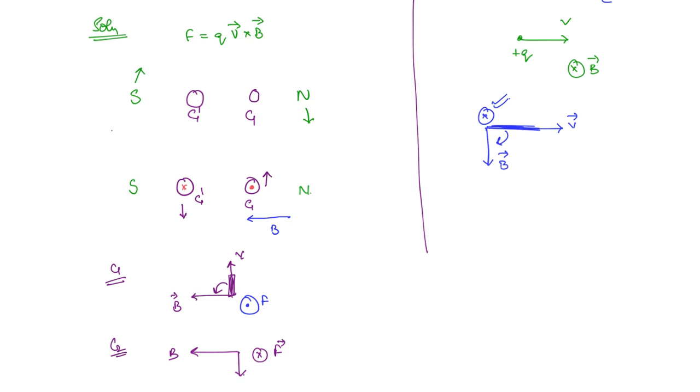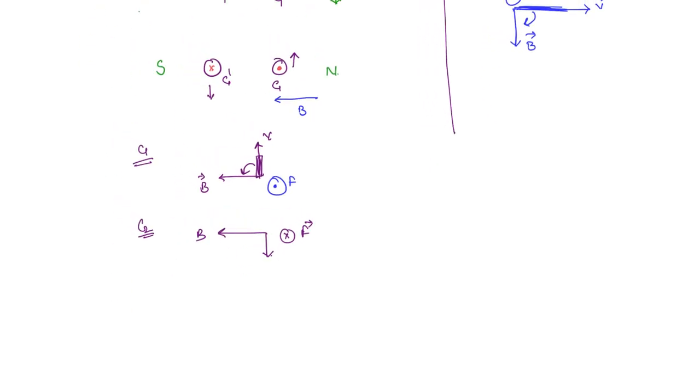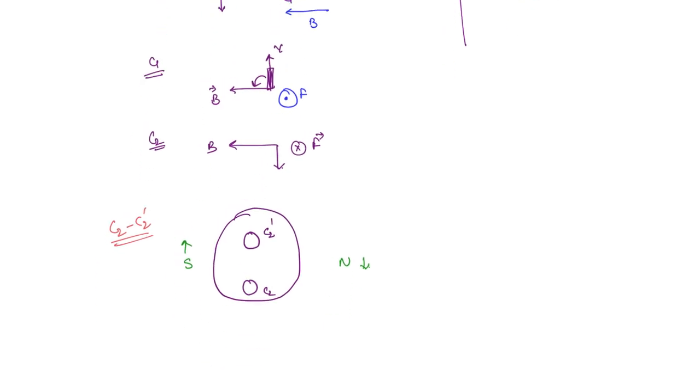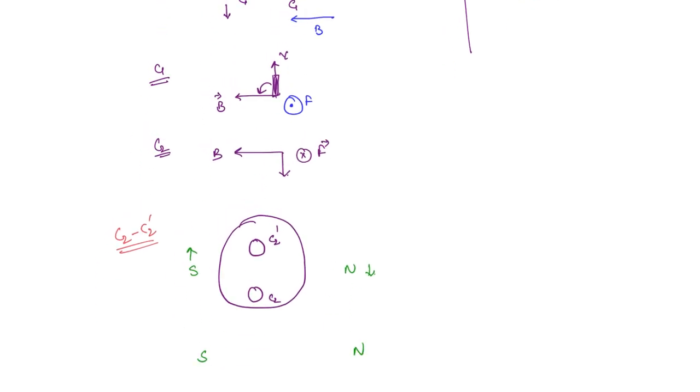Now what about C2, C2 dash? Here, this is C2, C2 dash, and this is the armature on which they are present. Now the south pole is moving in this direction, the north pole is moving in this direction. So for this armature, if the south and north poles are kept stationary, what will the direction of rotation be?